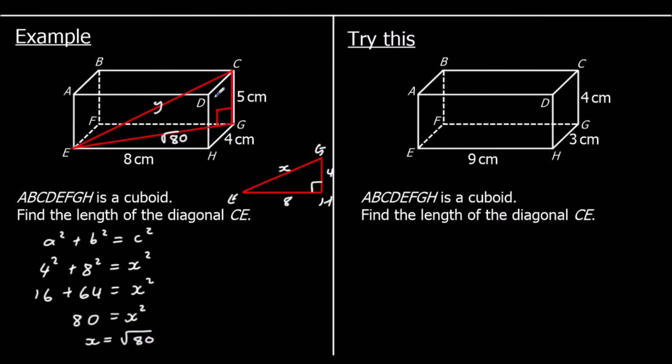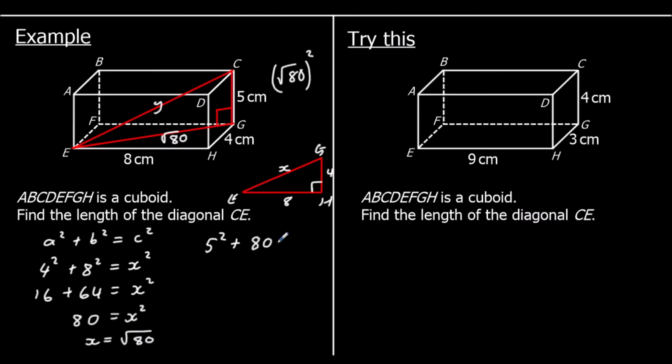So again, the sum of the squares of the two shorter sides will be equal to y squared. So 5 squared plus root 80 squared. If I've got root 80 and I square it, the square and the square root cancel out, so it's just going to be 80.